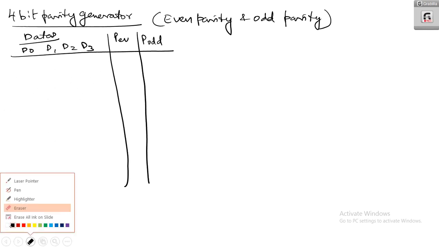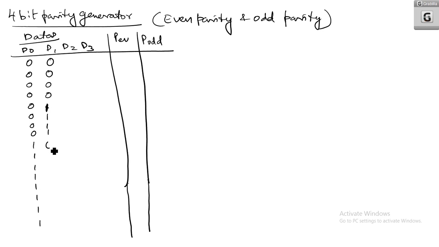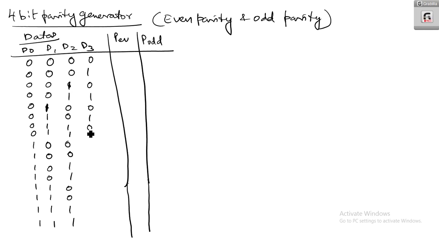For D0 I am having 1, 2, 3, 4, 5, 6, 7, 8, and for the next column 1, 2, 3, 4, and so on. So the input combinations are 0, 0, 1, 1, 0, 1, 1, 0, 1, 0, 1, 0, 1, 0, 1.